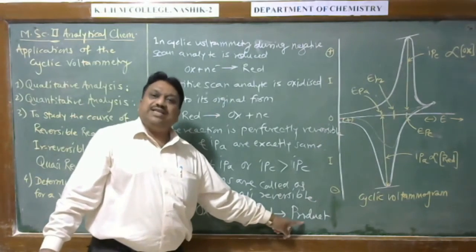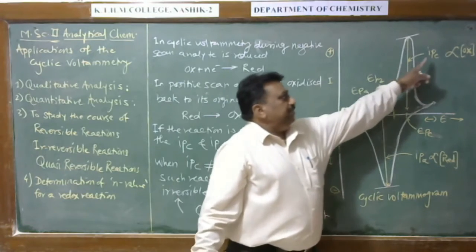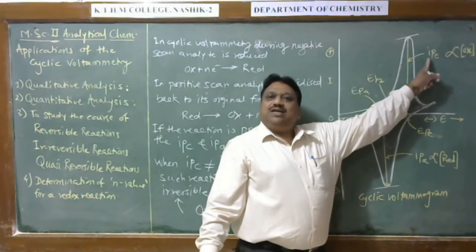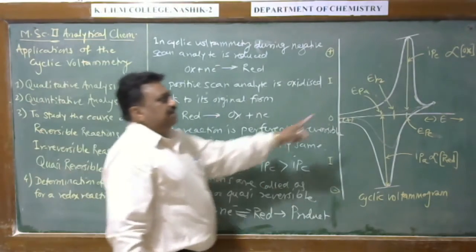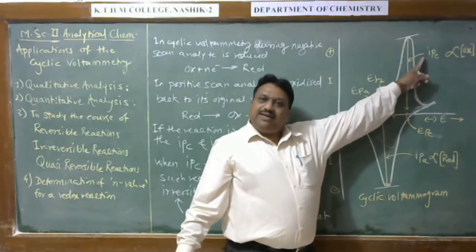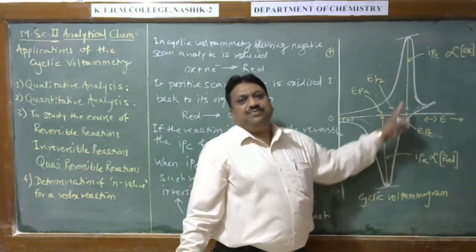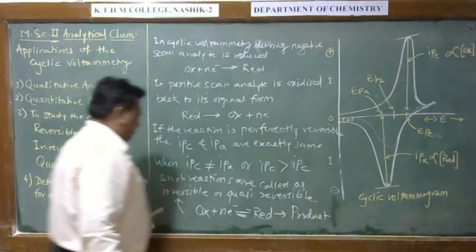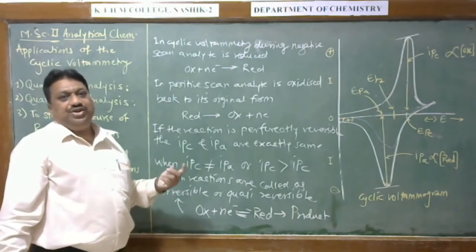In a quasi-reversible reaction, anodic peak current and cathodic peak current are not exactly the same. In an irreversible reaction, we have either a cathodic peak current or an anodic peak current, not both. That means we do not convert that product into the original analyte.